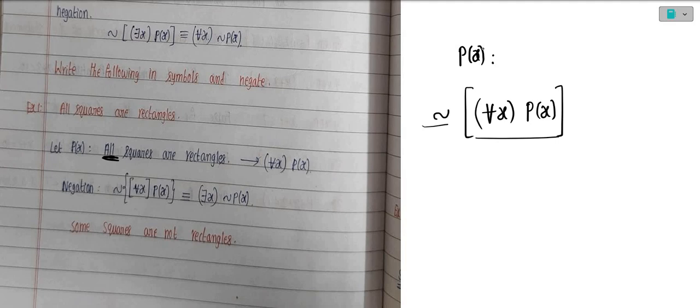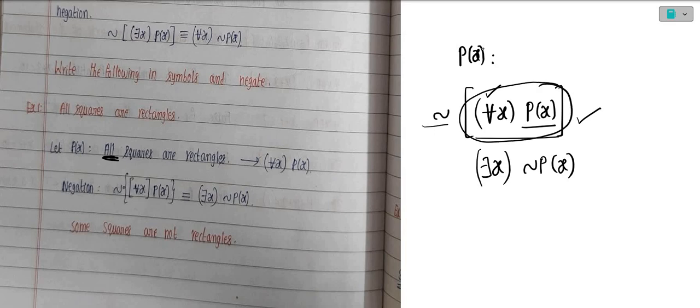We discussed already how to negate a given statement. So replace 'for all' with 'there exists' and the open statement p of x with negation of p of x. So the negation of this is this one.